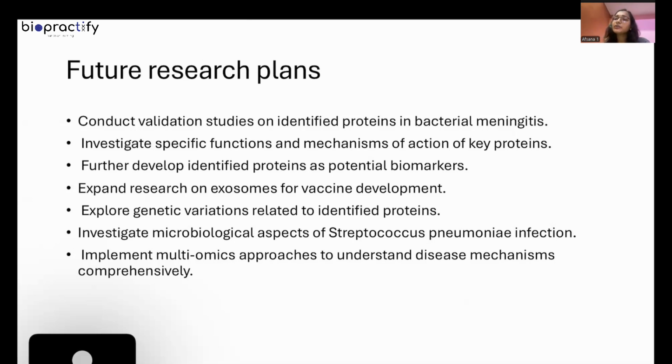Further, develop identified proteins as potential biomarkers, or expand research on exosomes for vaccine development or maybe drug delivery. Explore genetic variations related to identified proteins. Investigate microbiological aspects of Streptococcus pneumoniae infection and implement multi-omics approaches to understand disease mechanisms comprehensively.